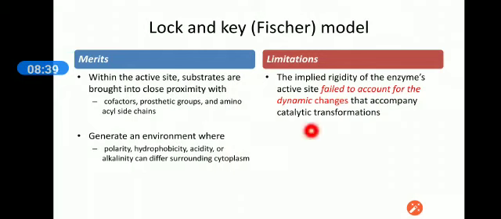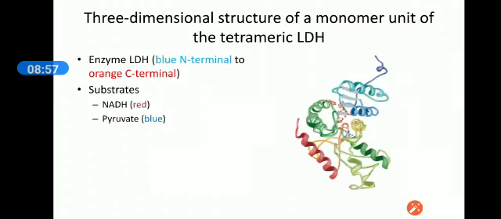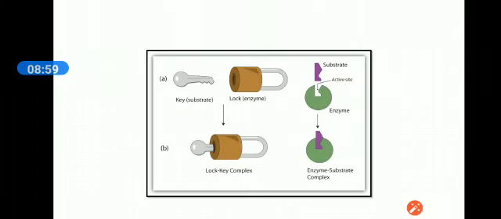But there are limitations of this model. It failed to account for the dynamic changes that accompany the catalytic transformations within the active site, due to the rigidity or complementary structure of the lock and key model.